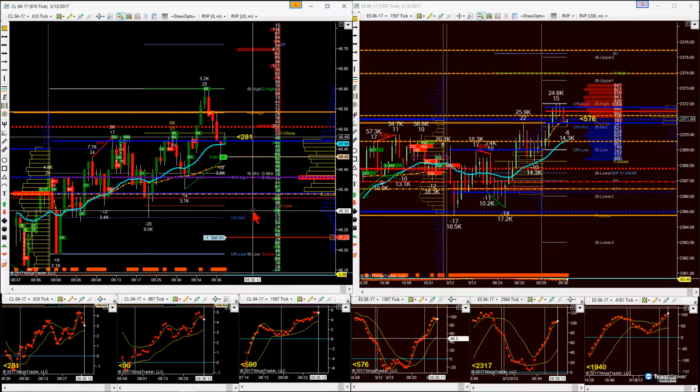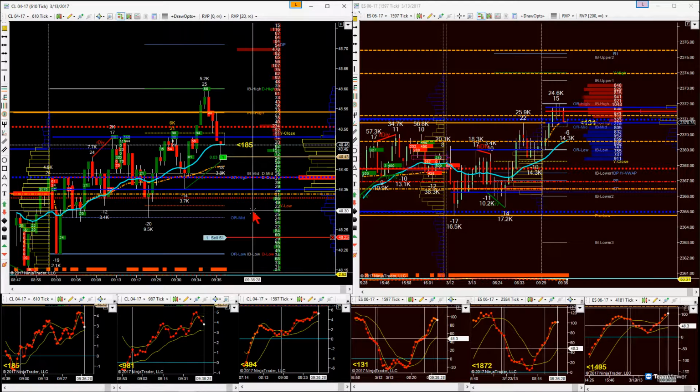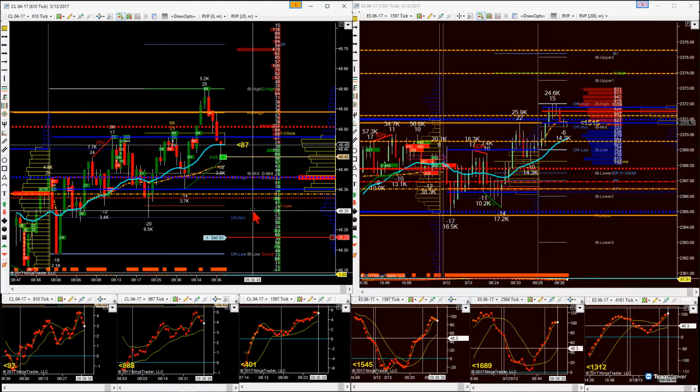So watching order flow again, buyers do seem to be stepping up here. They're holding it down though, so we can see the bids coming in, right? We just saw the bid add one tick below us. Not really scaring anybody away just yet.